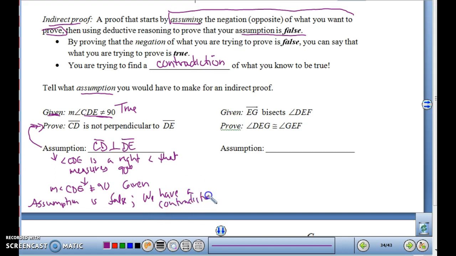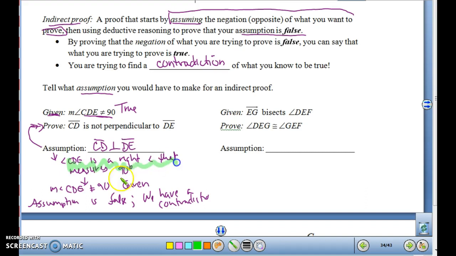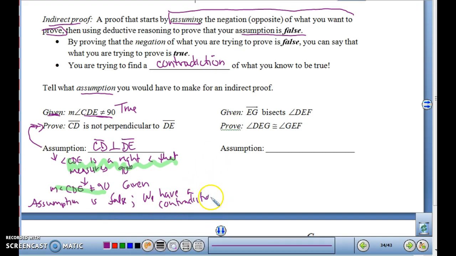The contradiction is, based on our assumption, we said that CDE measures 90, but we really know it doesn't, because we know that's true. So that is called a contradiction. By making this assumption, we proved something that's not true because we knew it was really false. So that's kind of an indirect proof shorthand.